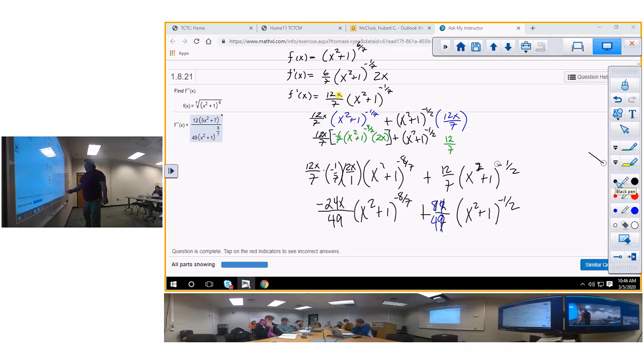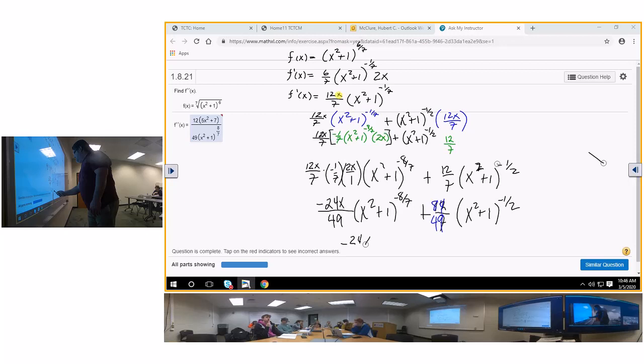This would be negative 24x over 49 times x squared plus 1 to the 8/7 plus 84 over 49 times x squared plus 1 to the 1/2.